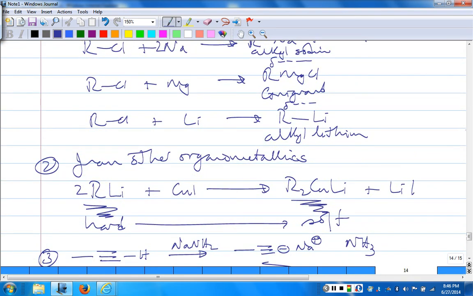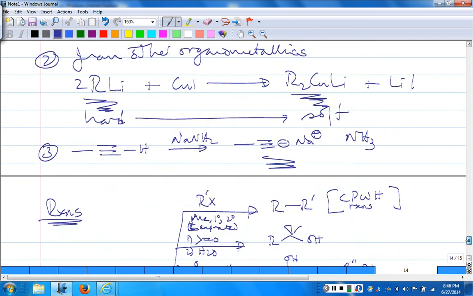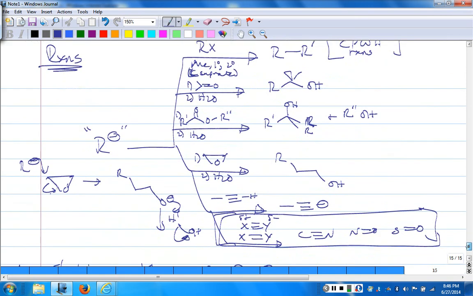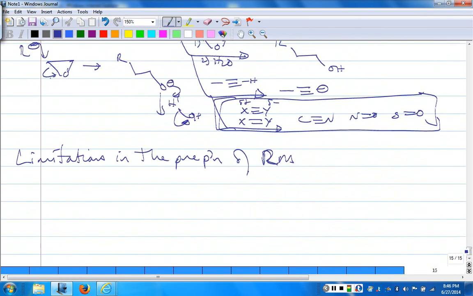We spent a lot of time on the Corey-Posner-Whitesides-House reaction. You want to remember that when we're doing it, I convert the alkyl lithium into the cuprate. I soften the base, because hard bases like the alkyl lithiums tend to carry out proton transfer. When the base is soft, like the cuprate, it tends to attack carbons. We've harped on that before, just to make sure we have that.